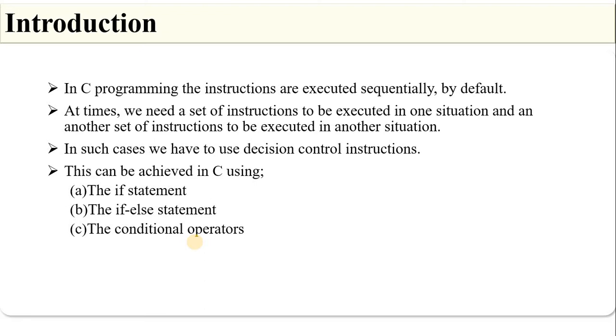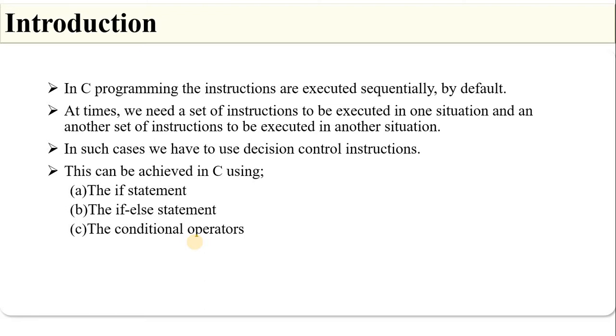As you know, in C programming, the instructions are executed sequentially. But in some situations, we need to execute a certain set of statements if some condition is true, and another set of statements if another condition is true.